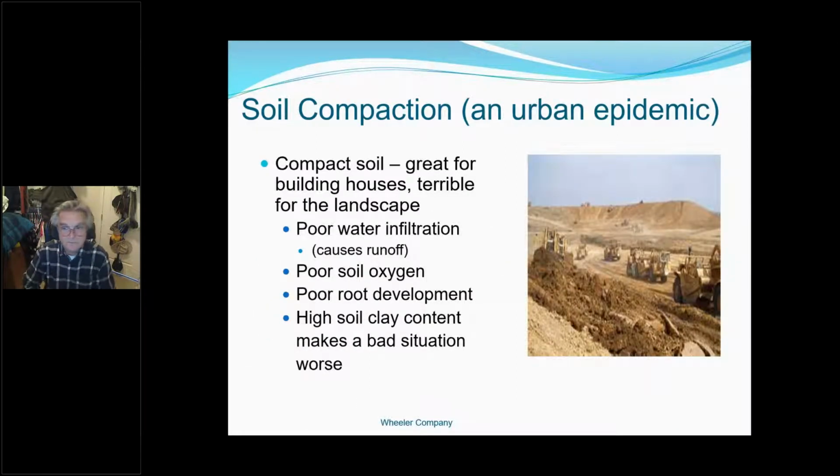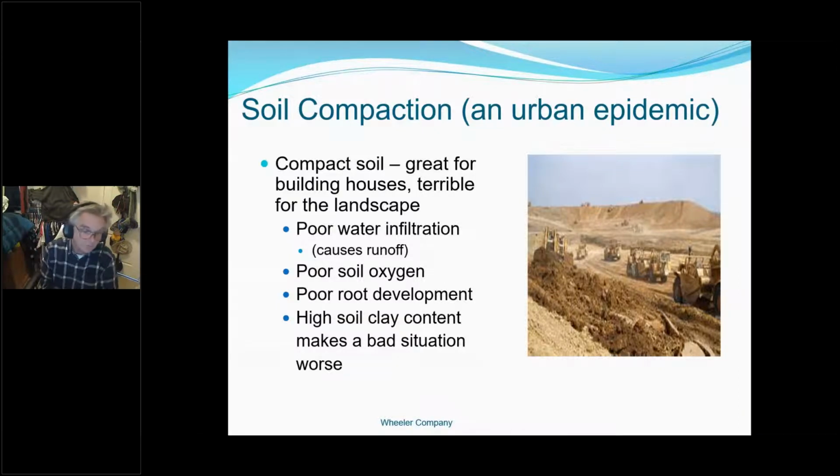Next. Soil compaction, that's a real problem we have, and the reason is right there on the screen. When they build new houses, the codes say that they have to compact the soil to a particular depth, and that depth can be anywhere from 5 to 7 feet. And the big machines that you're seeing there, that's what they're doing. When they excavate, they follow behind the excavators, they've got these machines that actually compact the soil.